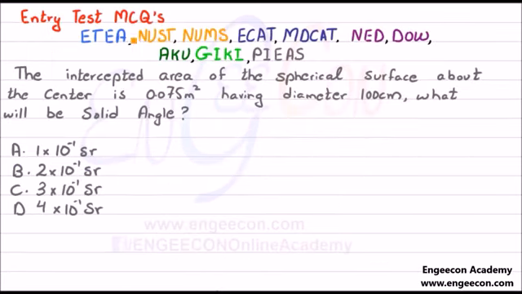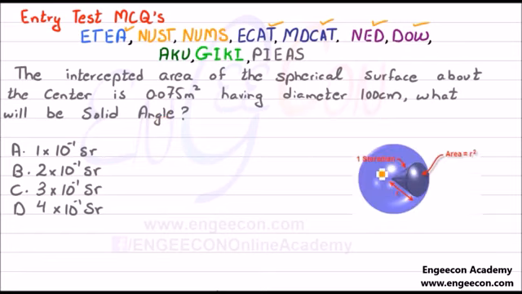So here we have our entry test MCQs which are relevant to these entrance examinations, especially for ETEA, ECAT, MDCAT, MCAT, NED and DOW. The intercepted area of the spherical surface about the center is 0.075 meters square, having diameter equal to 100 centimeters. What will be the solid angle?